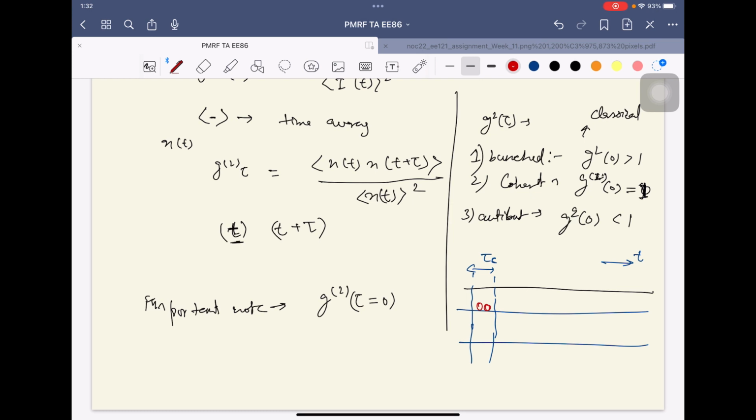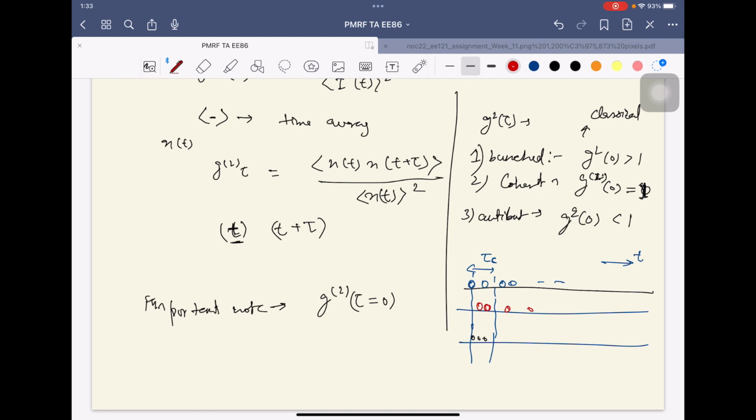Here we see these photons, and in another line one photon here, one photon here, and one photon here, and similarly in this line.